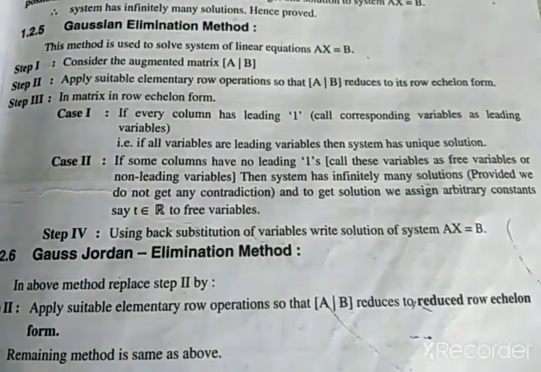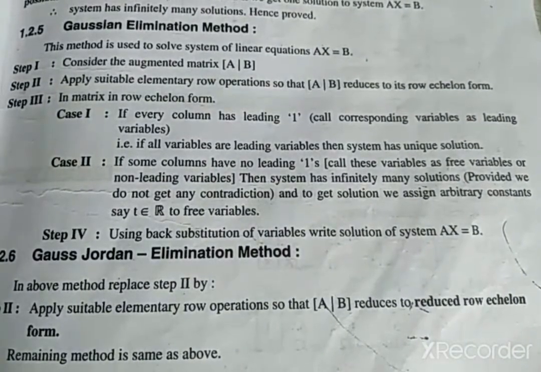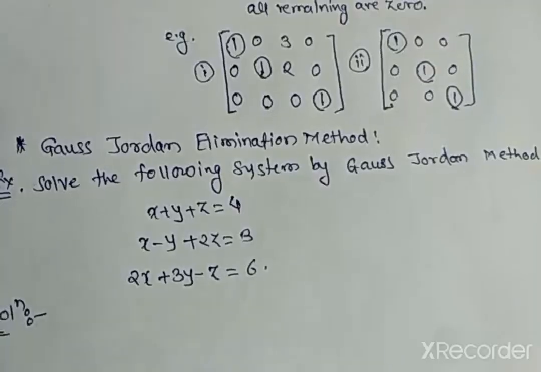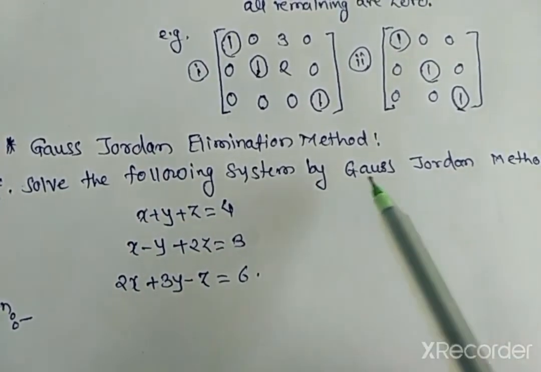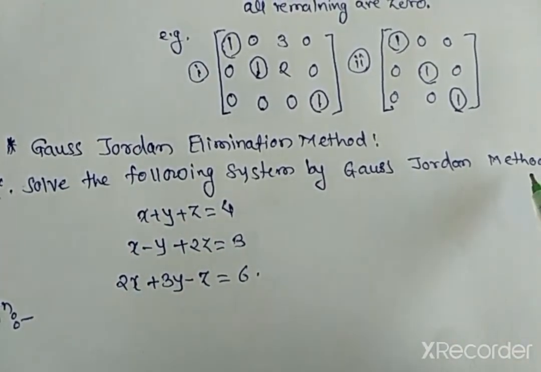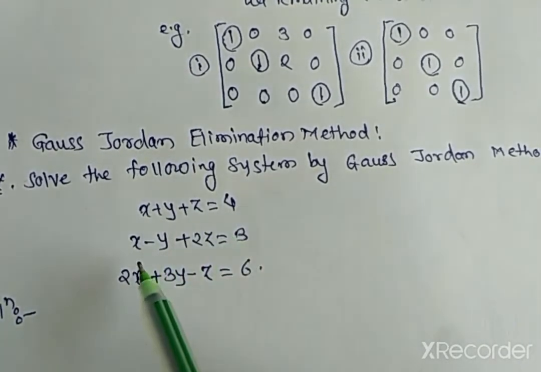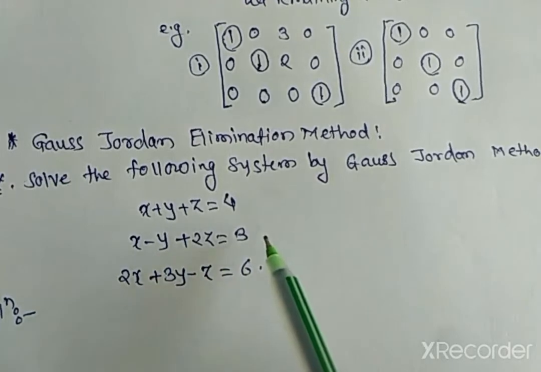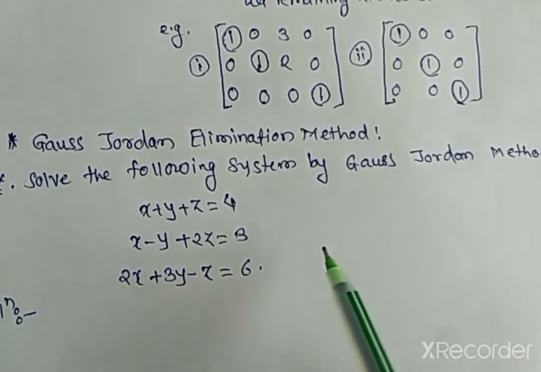Okay, now we see examples related to the Gauss-Jordan elimination method. The example is: solve the following system by the Gauss-Jordan elimination method. The system is x plus y plus z is equal to 4, x minus y plus 2z is equal to 3, and the third equation is 2x plus 3y minus z is equal to 6.